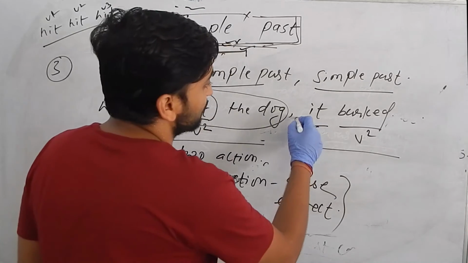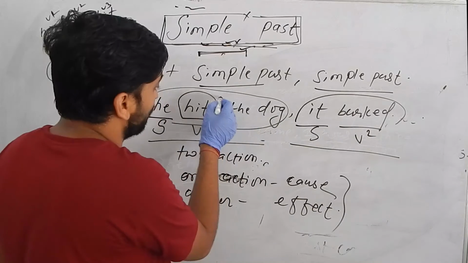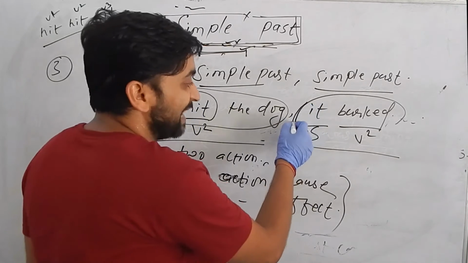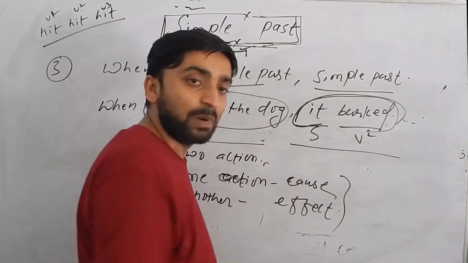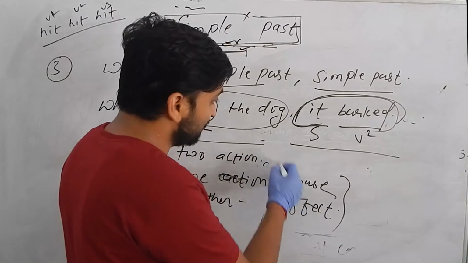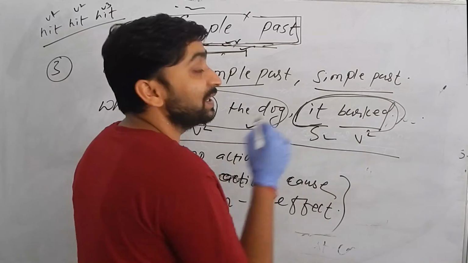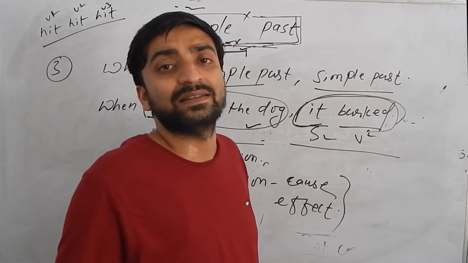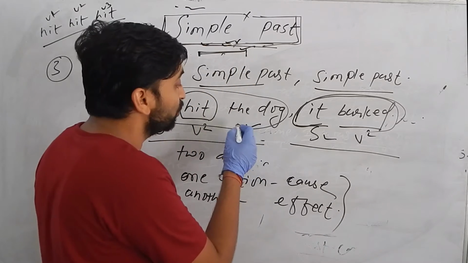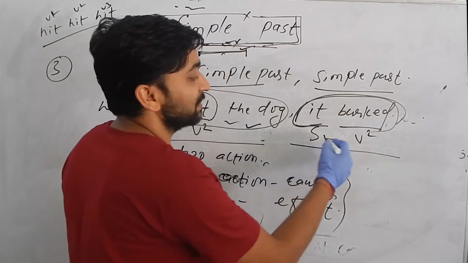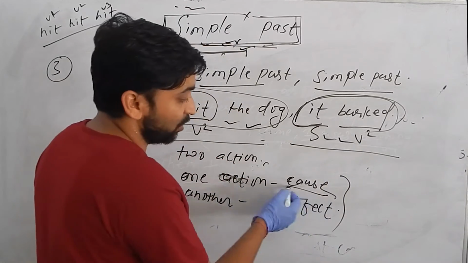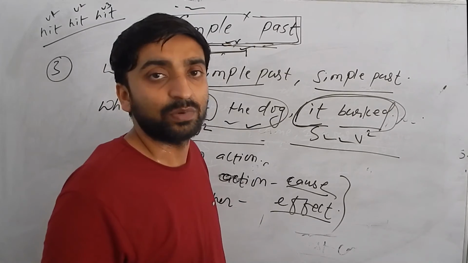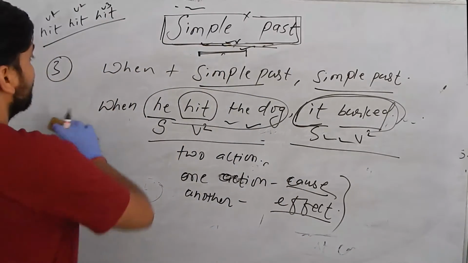So this is the effect and this is the cause. If you hit a dog, it is very natural that it barked. It means this is the cause and this is the effect. So if two actions occurred in the past and have a cause and effect relation, then both are going to be written in simple past and simple past. Okay, cause. So in such a situation we have to look at the sentence carefully. So this is another use of the simple past.